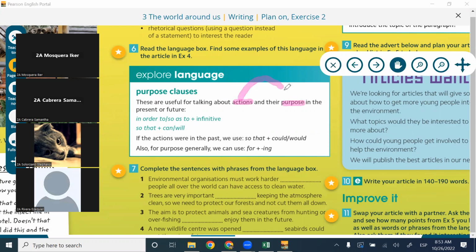This action is connected with a purpose or a reason. Attention. These purpose clauses that we are using in this section talk about actions with a purpose or a reason, maybe in the present or maybe in the future. Okay? Please, Iker, start reading.